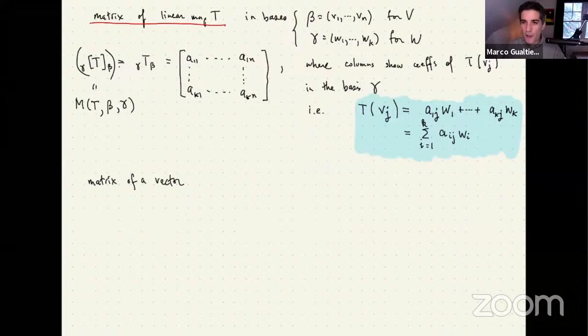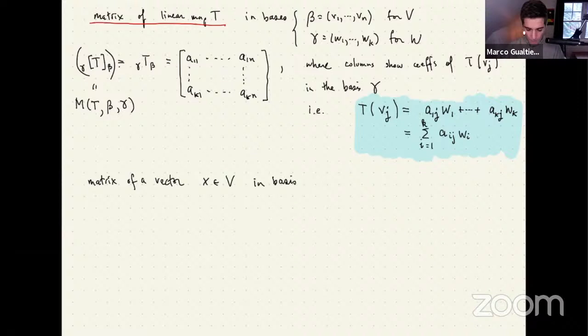Let's say that instead of a linear map, we have an actual vector x inside the domain. Now this vector, I can also describe in terms of the basis. The basis for V is like this, so I'm going to write it like this. It may be a little confusing at first, but I'll explain.